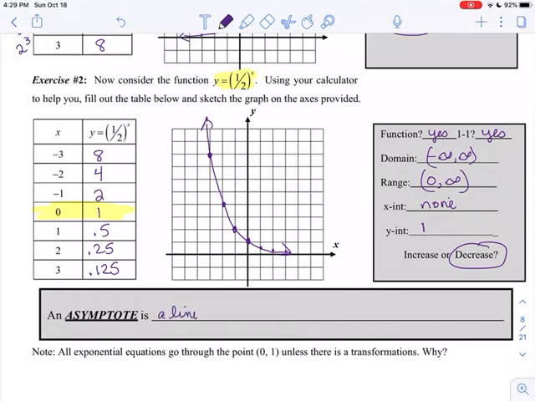Now I have the word asymptote, and that's an important word that we're going to define right now. An asymptote is a line that a curve approaches as it heads towards infinity.